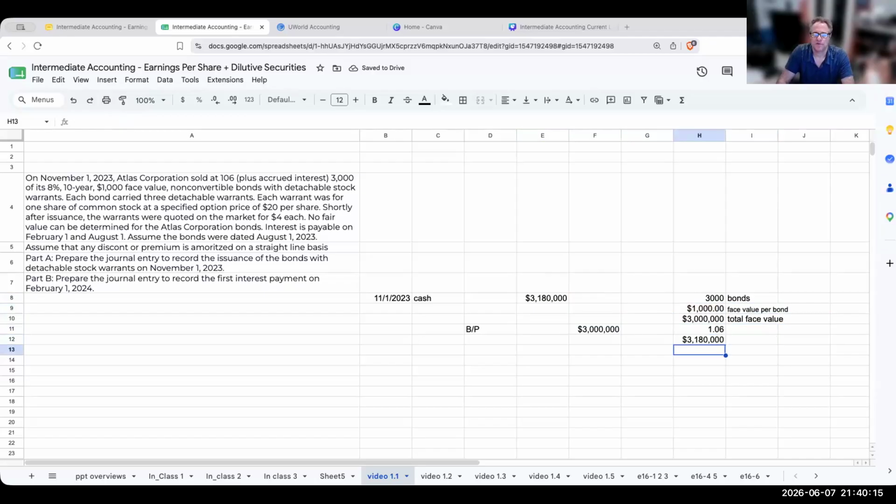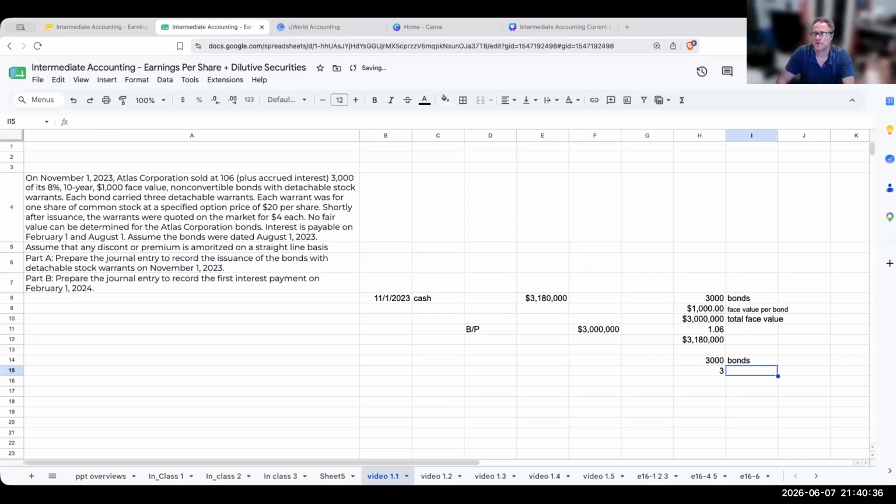Now, the other thing I need to figure out first is how many detachable warrants there are. I've got 3,000 bonds, and each bond carried 3 detachable warrants. Each warrant was for 1 share of common stock at a specified option price of $20 per share.